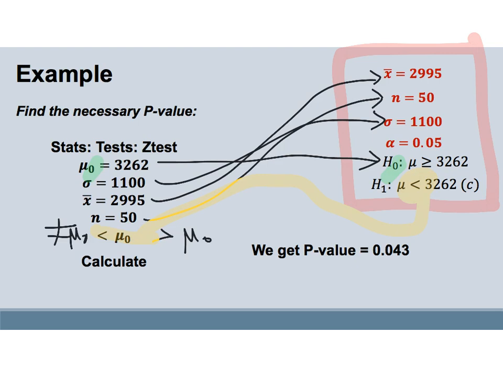So on the calculator, it now says mu is less than 3,262, and that you have a z of negative 1.72. We don't use that to do the test, but in my stat lab, that's what it wants when it asks for test statistic.